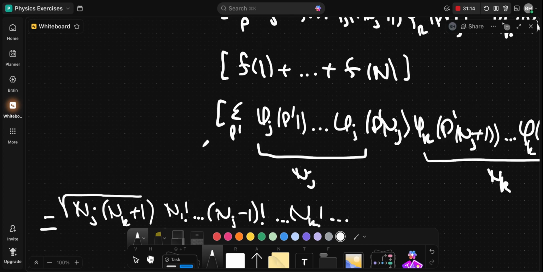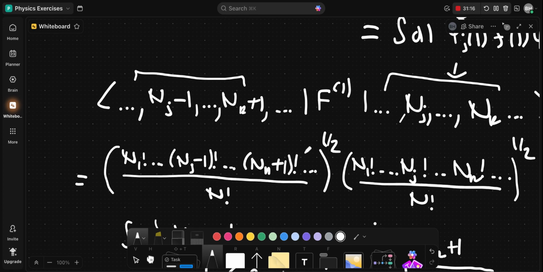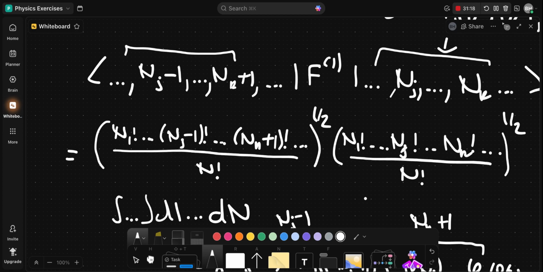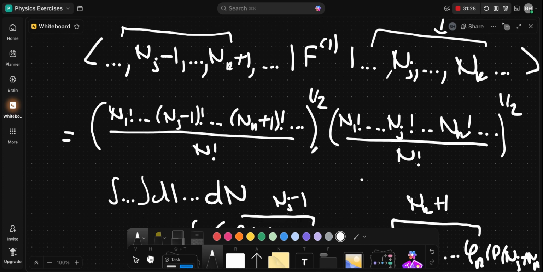Okay, so I just rewrote these two square roots, because out of this I can take out an nj, out of this I can take out an nk plus 1. So those are still square rooted, but the rest are the same, so I can get rid of the square root for all the other terms.